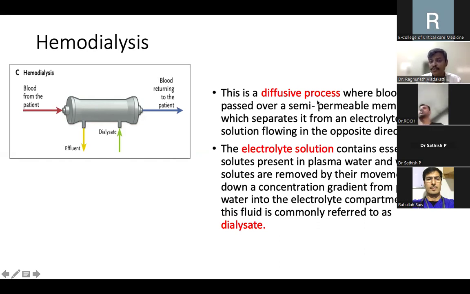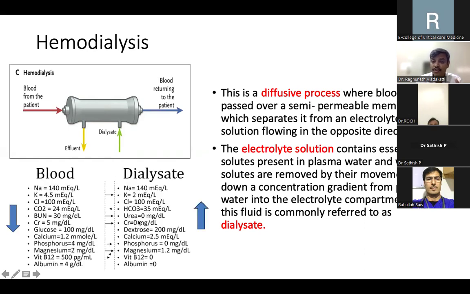As I told, the diffusive process is concentration dependent, where blood is passed over a semipermeable membrane, which separates it from the electrolyte solution. This electrolyte solution flows in the opposite direction, as I mentioned here. This electrolyte solution we call dialysate. Dialysate is a solution constituted of the same electrolytes and components as blood.